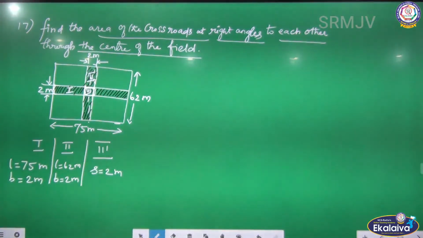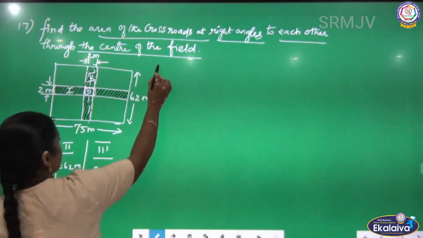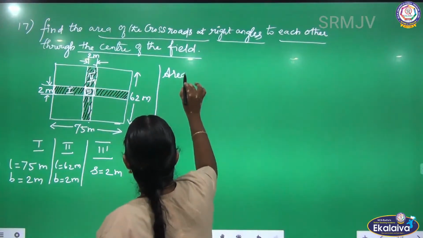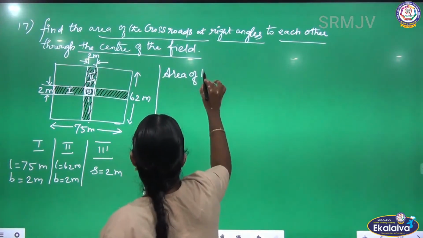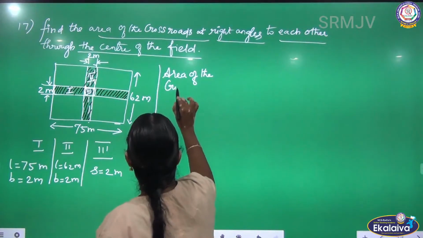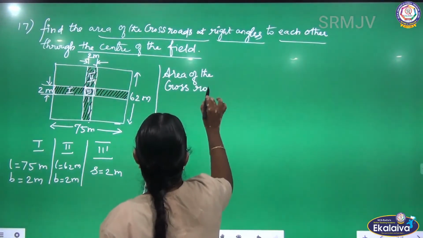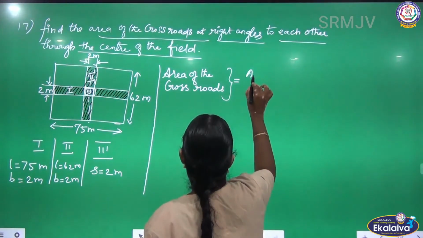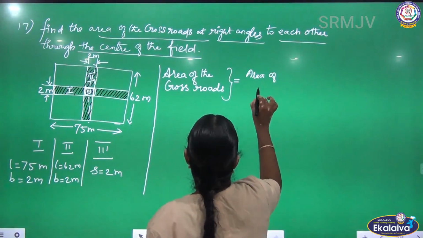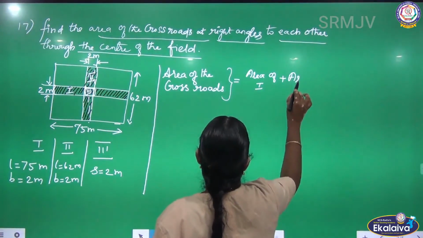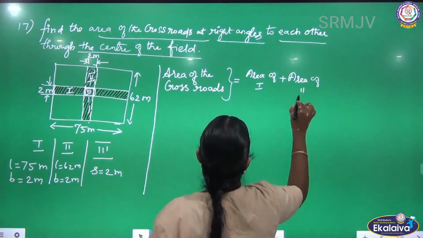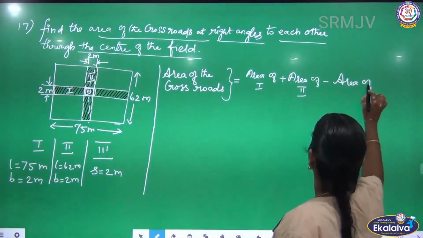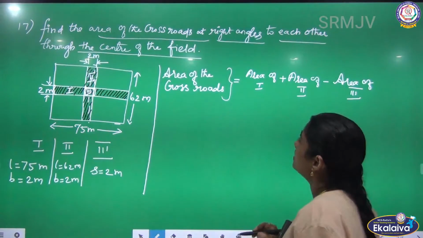So here I am going to find the area of the crossroad. Area of the crossroad is equal to area of 1 plus area of 2 minus area of 3. What is area 1?